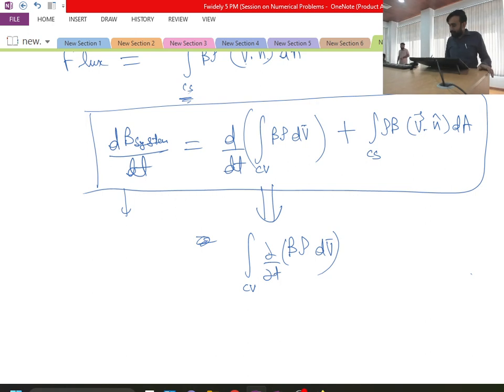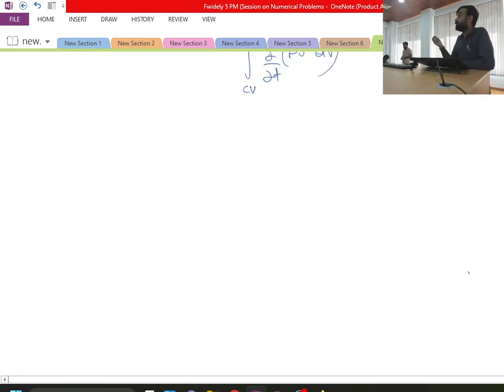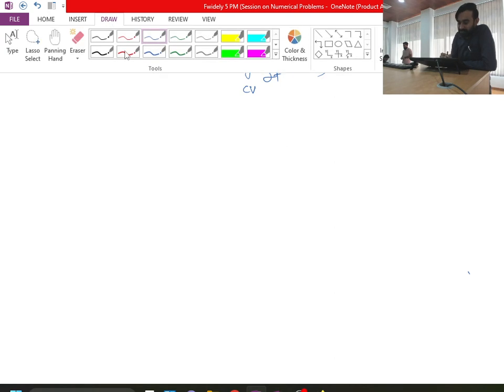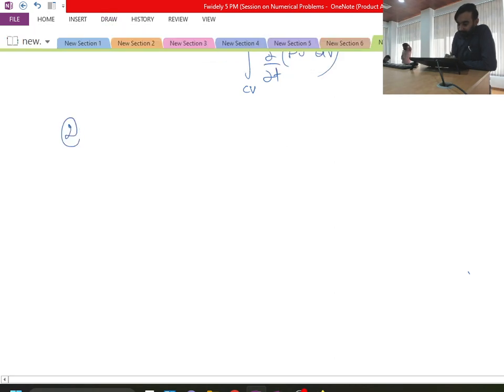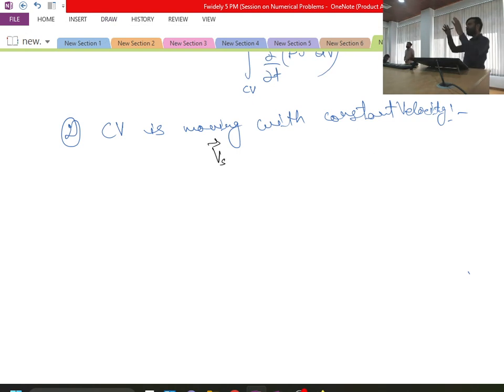Now let's consider the second case. The first case was when our control volume is fixed in space. The second situation is when my control volume is moving with constant velocity. Say this control surface has some velocity V vector s. If your finite sized control volume is moving with constant velocity, then what will happen?